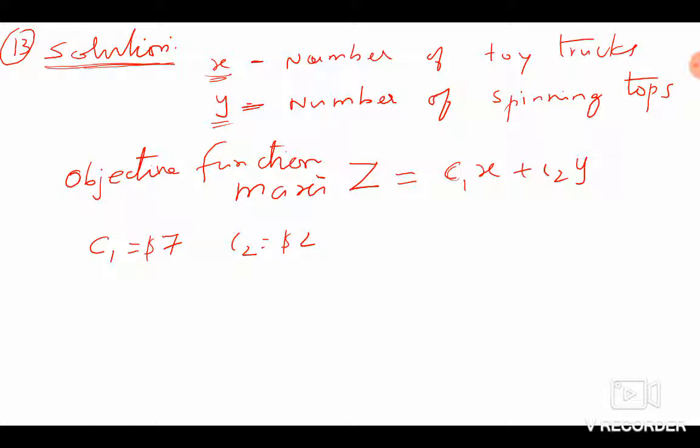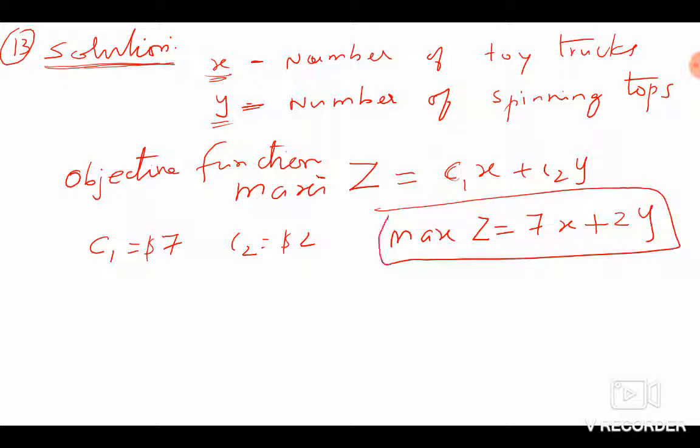So our objective function has been finalized now, which is maximize Z equals 7x plus 2y. 7x plus 2y, isn't it? So this is the objective function. Now our aim is to find the values of x and y that will give the maximum value of z, isn't it? Maximum value. So that's our objective function.